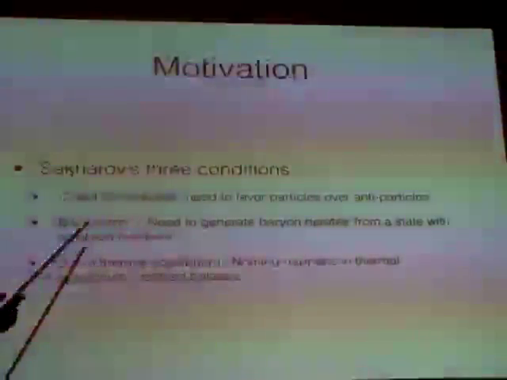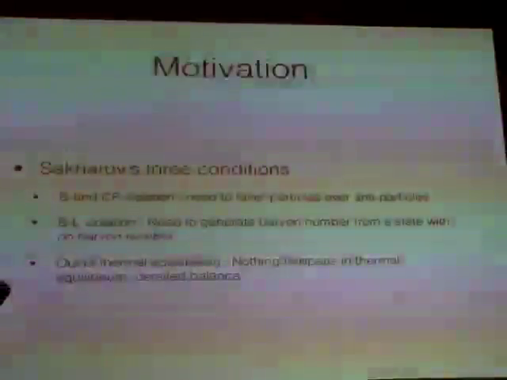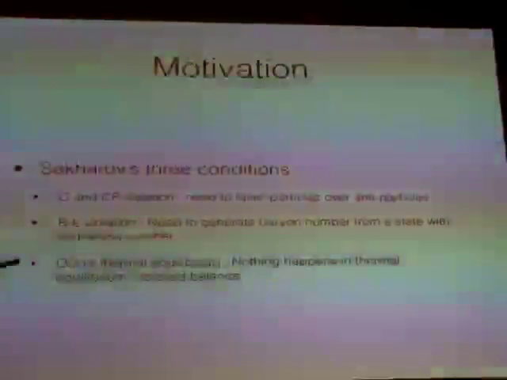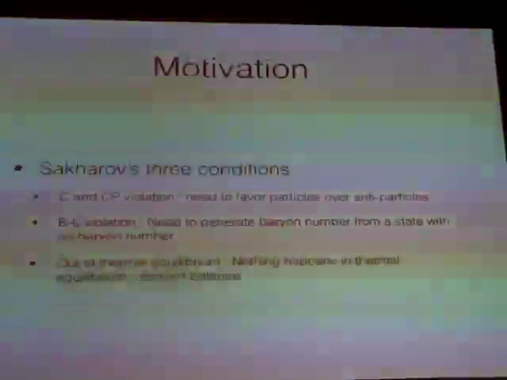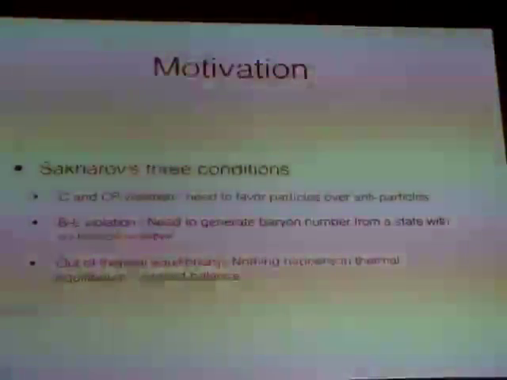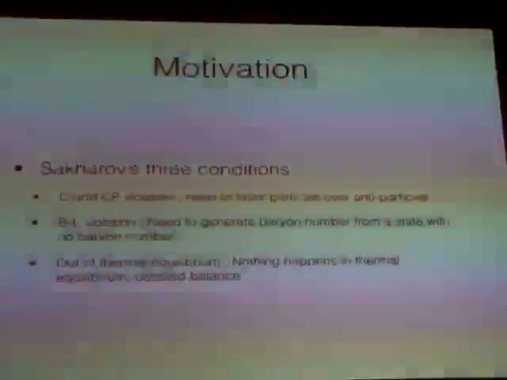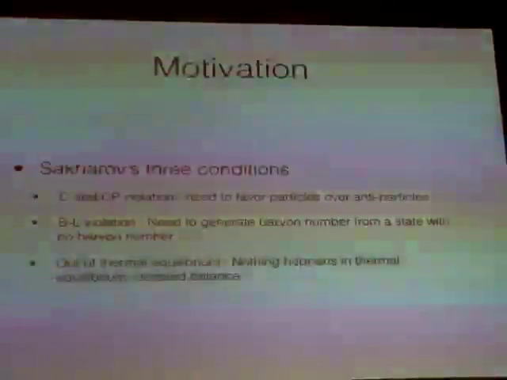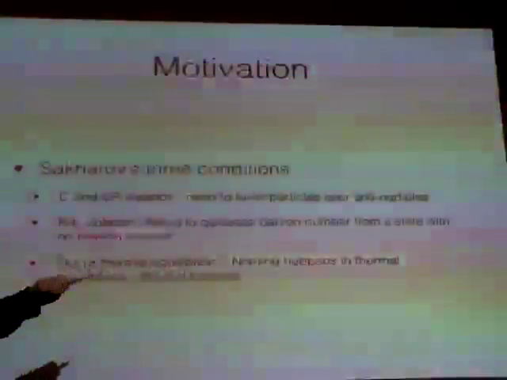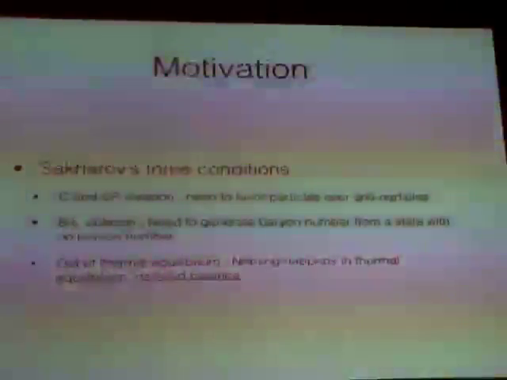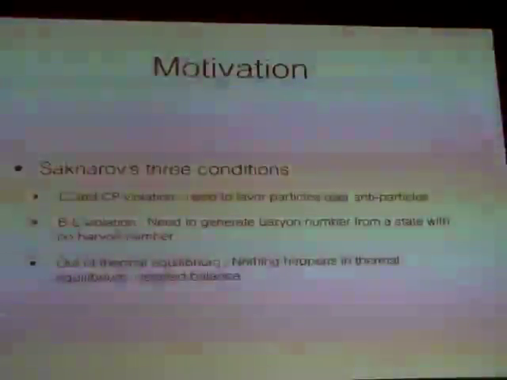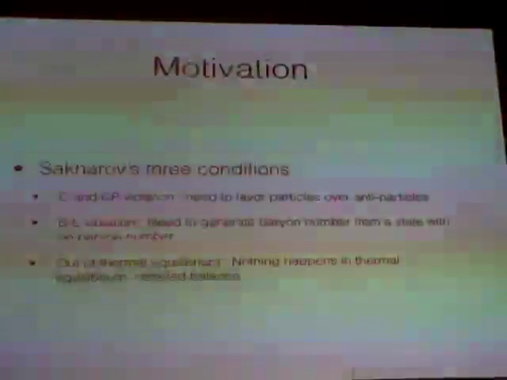The second one is baryon number violation, which is simply the statement I mentioned earlier, where after inflation we have B equals 0, and so we have to somehow explain how we got into the current situation where baryon number is not 0. And then finally, Sakharov needed you to be out of thermal equilibrium, basically because thermal equilibrium is a rather boring state, and nothing happens dynamically.